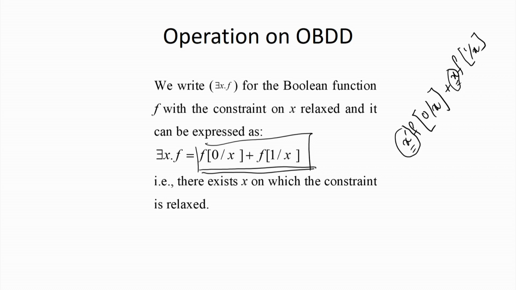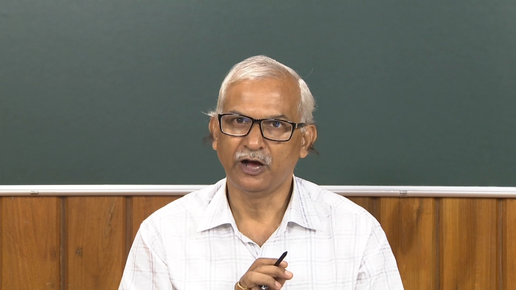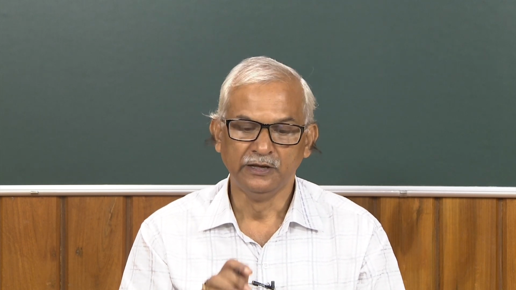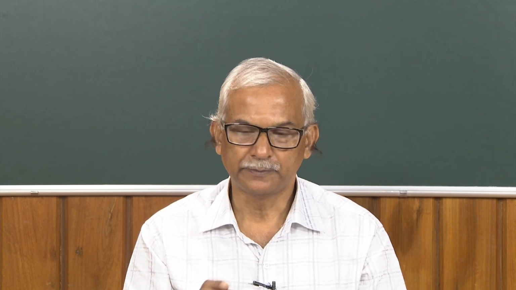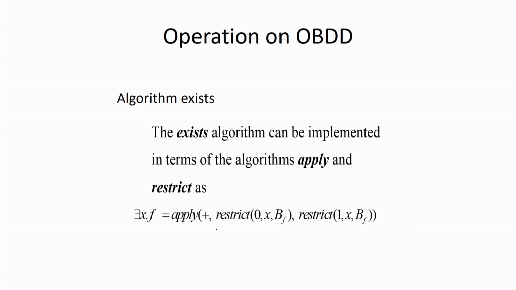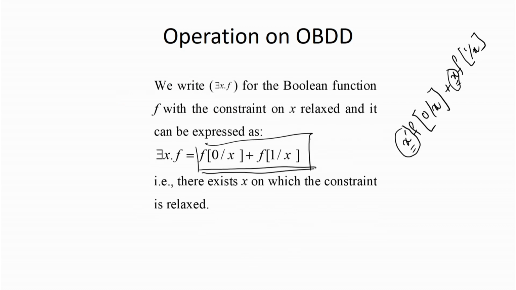Now, if we have the BDD construction of this function f, how do we apply this relaxation? It can be applied repeatedly also. Here I take the valuation of x equal to 0 and the restriction of x equal to 1, so x may be either 0 or 1, and we get two OBDDs. Then we apply the plus operation over them, and the resultant BDD gives us this expression.